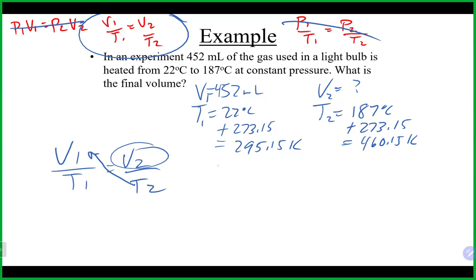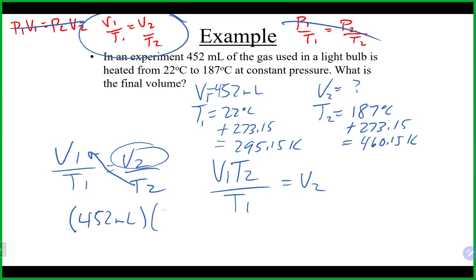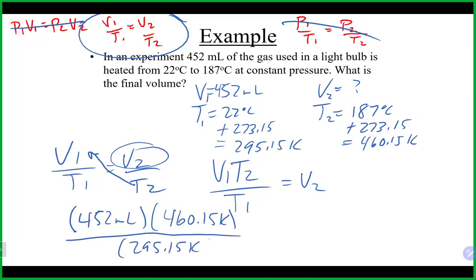That will give us V1 times T2 divided by T1 equals V2. Popping in our numbers in the right spot: our first volume, 452, times our second temperature in Kelvin, divided by our first temperature in Kelvin. Kelvin cancels, leaving us milliliters as our answer. And that's going to be 452 times 460.15 divided by 295.15, about 705 milliliters.